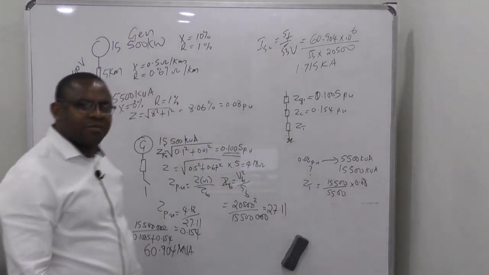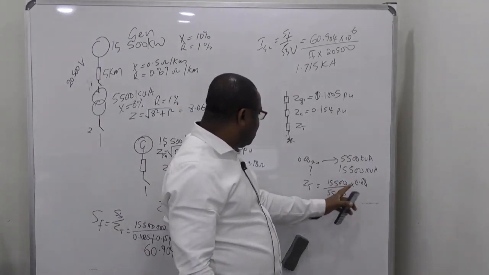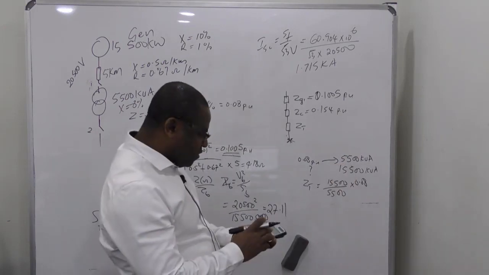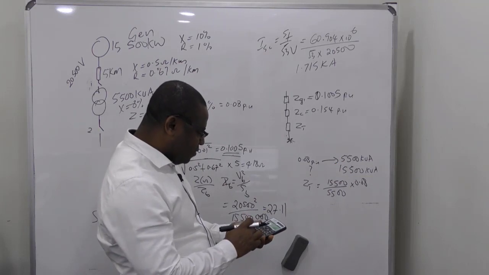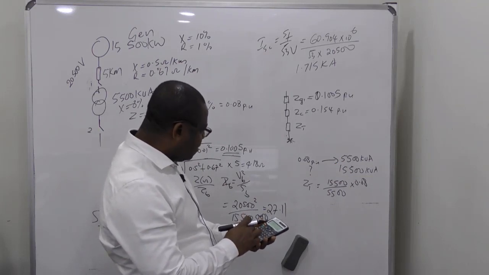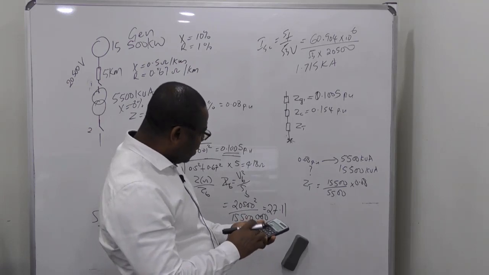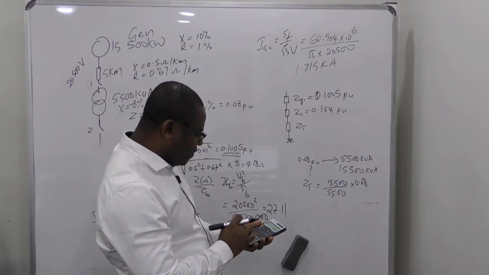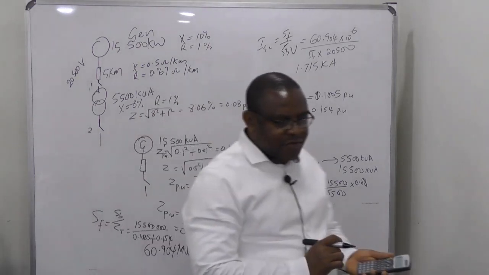Did you get that? 0.08 times 15,500 divided by 5,500, I hope that is 5,500.